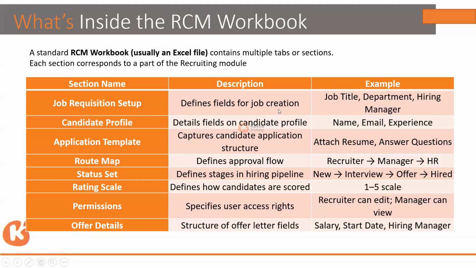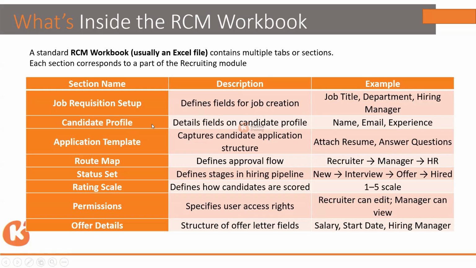For example, job title, department, hiring manager. All those people you can specify in the workbook, like who will be providing the job requisition, right? So you don't have to bother about whether the requisition is coming from somebody else, because they know that they have to follow a proper format.